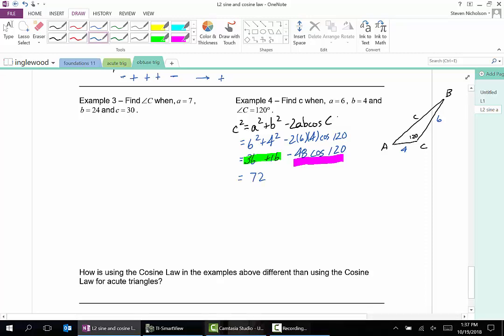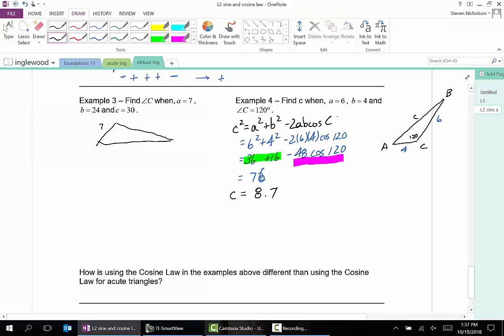But remember, that's c squared, so c is equal to the square root of that, which is 8.7. So again, we're just plugging in, doing like we did before, and using our calculator as before.